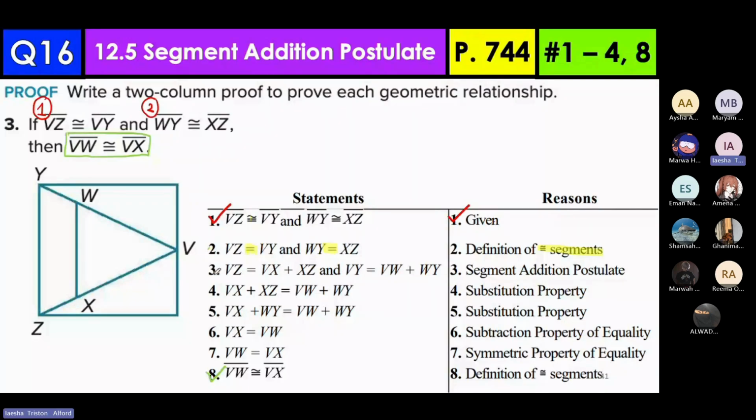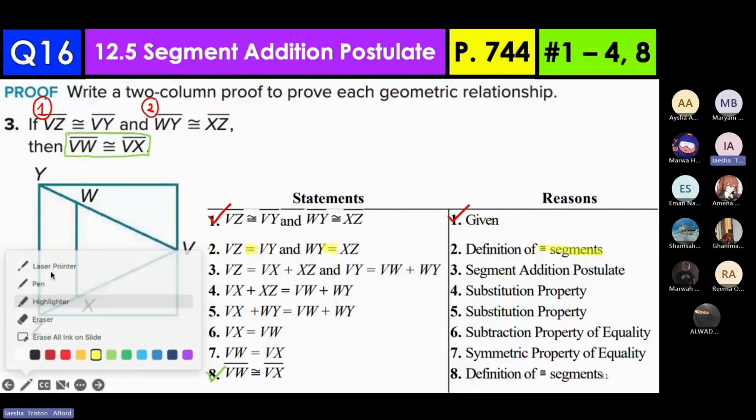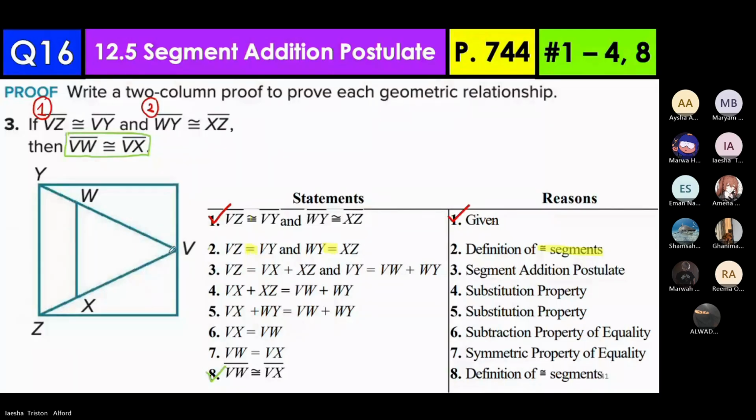Then line 3, we have VX plus XZ. Use your picture. This is VX plus XZ. If we add those, we get VZ. So this is called segment addition. What happened from line 3 to line 4? What did they delete?